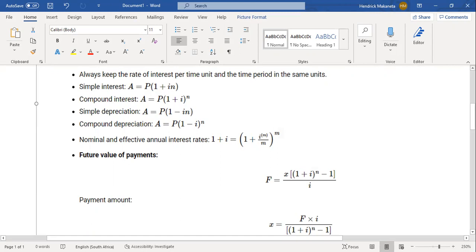And of course, the compound depreciation there stands for the reducing balance depreciation, whereas the simple depreciation stands for the straight line depreciation.